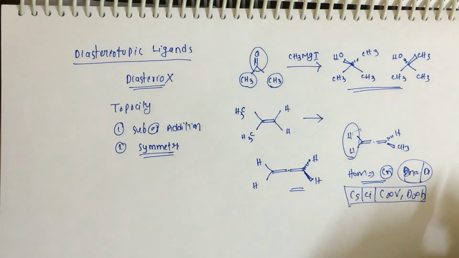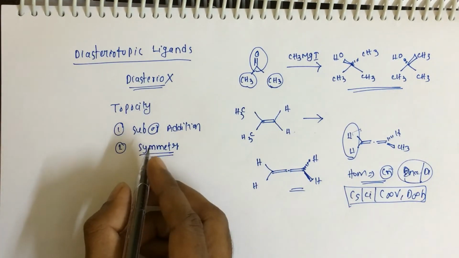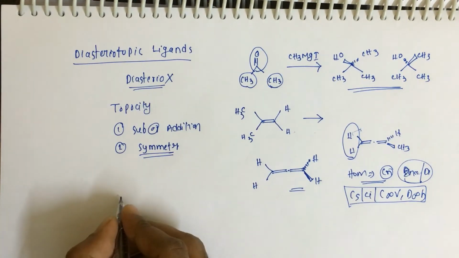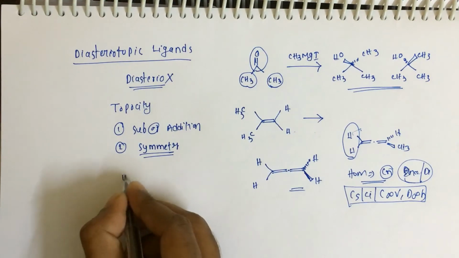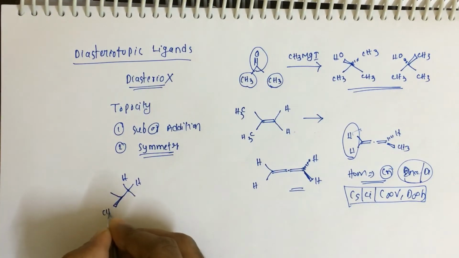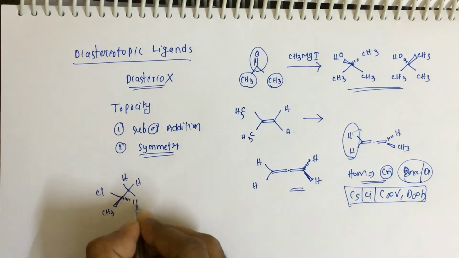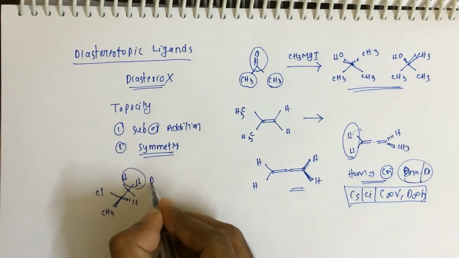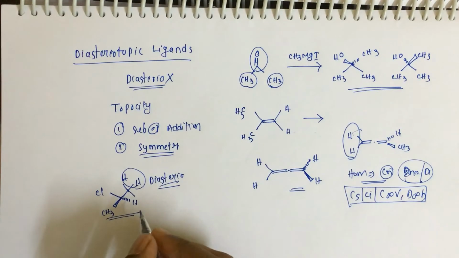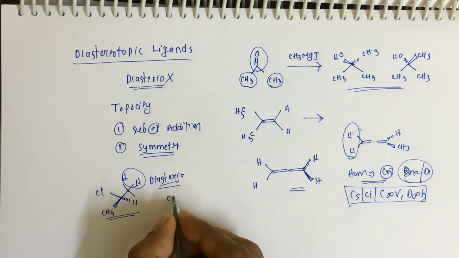Just remember, I will tell only one thing here for diastereotopic. Any hydrogens which are adjacent to the chiral center are diastereotopic, because where we have a chiral center, we will not see any kind of symmetry except C1 symmetry, right?